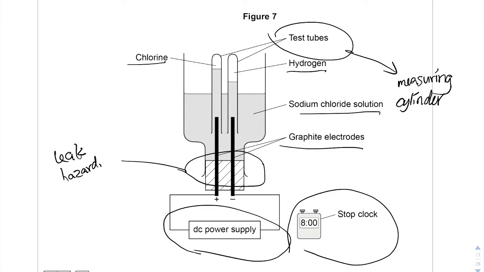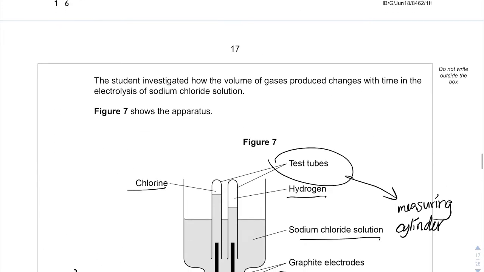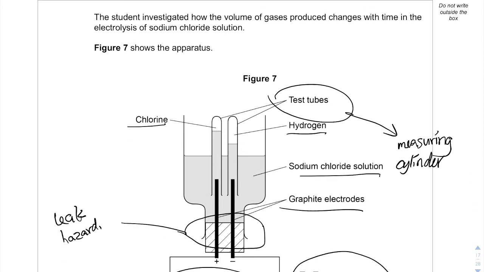Because a measuring cylinder is graduated, you know the amounts that you've collected, and you can calculate the rates a lot easier. The volume of gas is the measurement that we're taking.